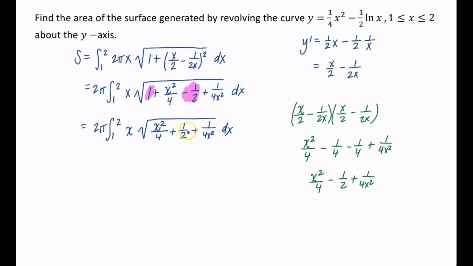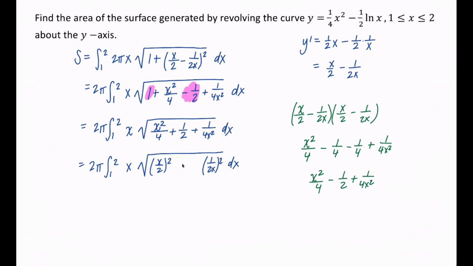I am keeping that constant in the middle, and that's because of that algebraic component that we're about to use: this is a perfect square trinomial under here. So we're going to have 2 pi, the integral from 1 to 2, x, and then underneath this square root, this is something squared. It's x over 2 squared. This middle part here is going to end up being double these two outer pieces squared. So the outer piece is 1 over 2x, quantity squared.